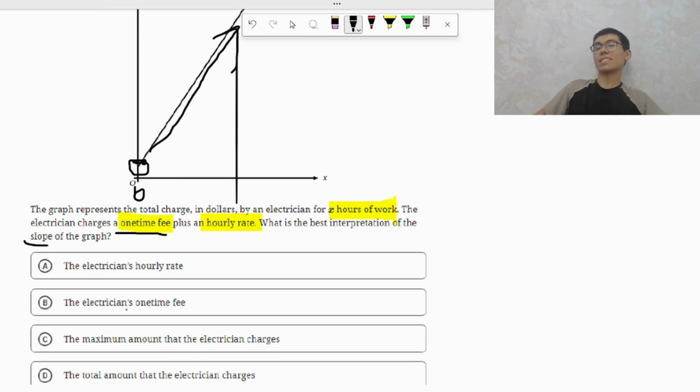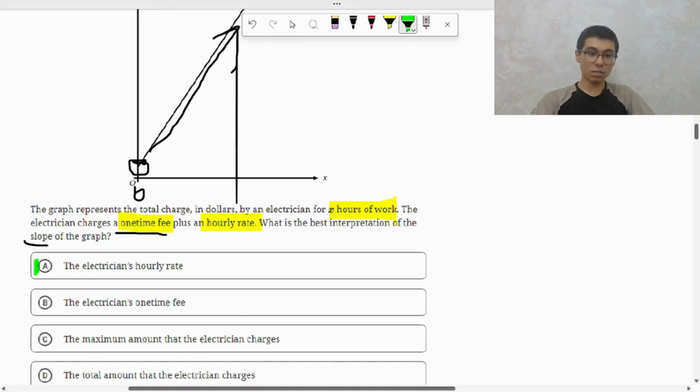It cannot be a one-time fee when the amount of hours that the electrician did is zero, but the slope can be when the electrician works each hour. So that's why I'm looking for that sort of choice. I'm looking for hourly rate. So choice A, the electrician's hourly rate, exactly. So the correct answer is A.